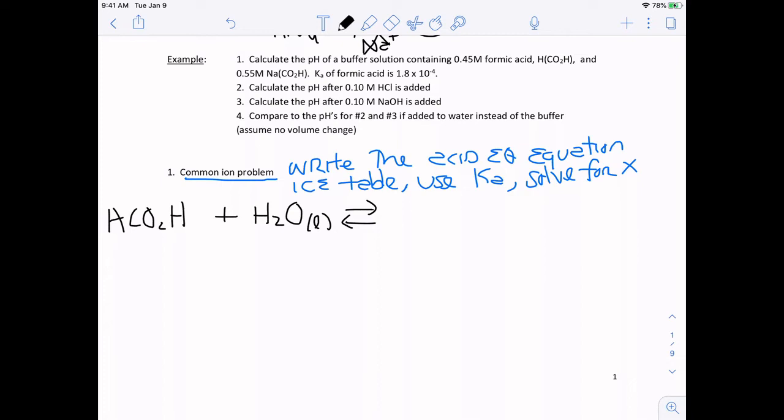So formic acid plus water. Because it's an acid, we're going to donate a proton to water to get hydronium ions. And then my conjugate base is formate. So initial concentration, I am going to have 0.45 molar. These numbers I'm just taking right from my original problem.